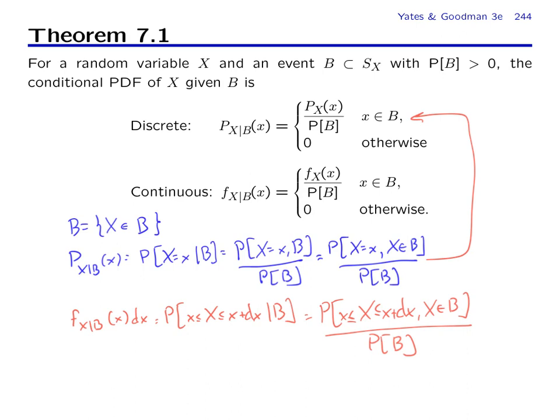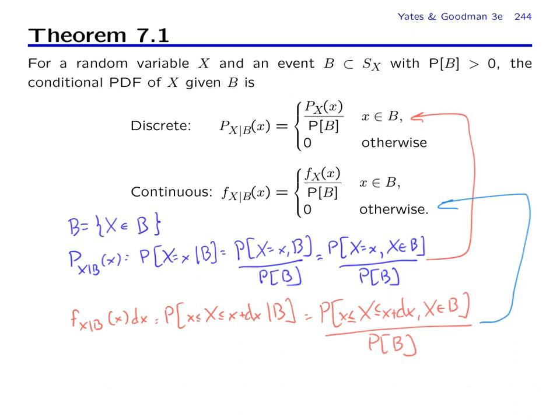And the result here is that we obtain the equivalent theorem for continuous random variables, that the PDF of X given B is the PDF of X divided by P of B when x belongs to B and zero otherwise.